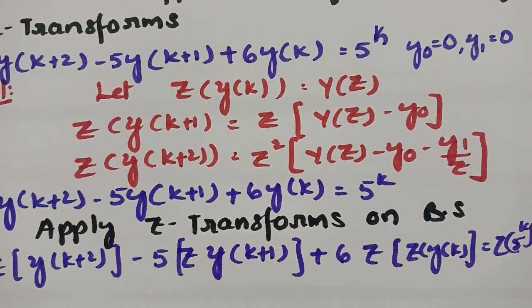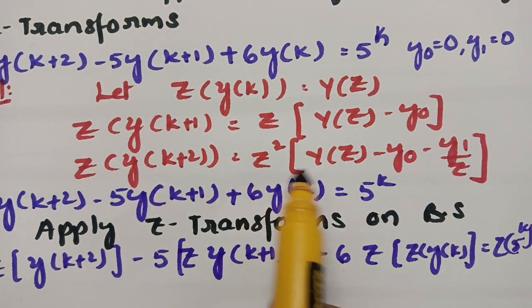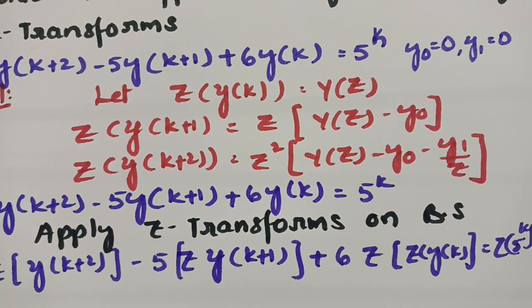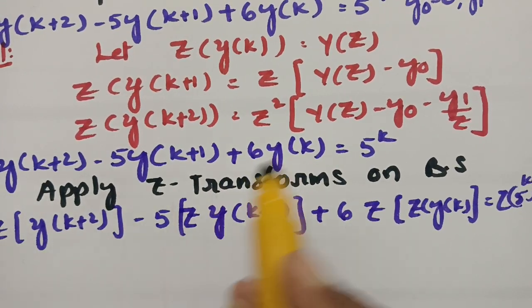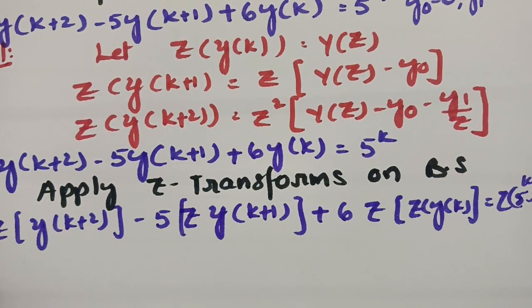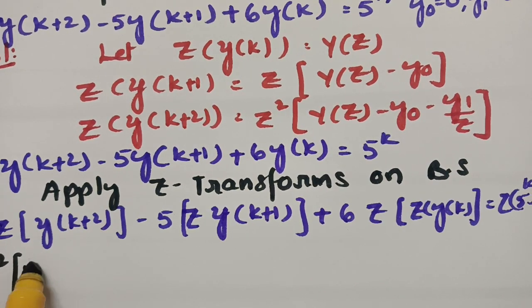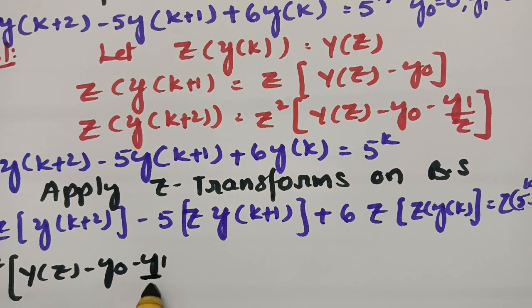We have all the formulae ready here. So the Z transform of y(k+2) can be written as z squared times Y(z) minus y(0) minus y(1)/z.